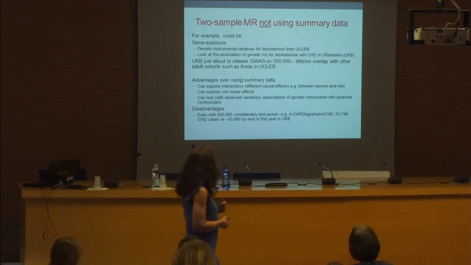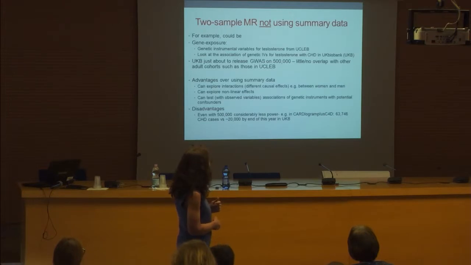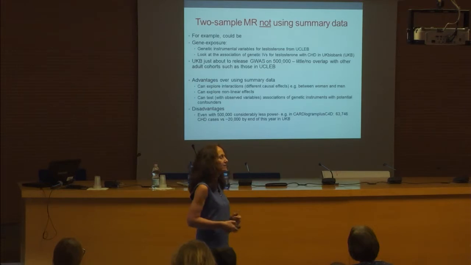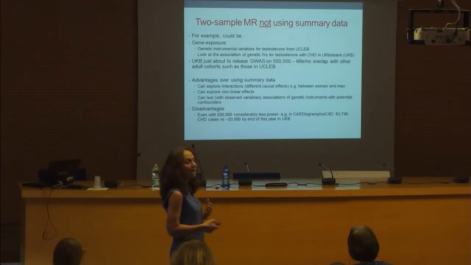So the example I've given here is a made-up example, but this is the collaboration of genetic studies of cardiovascular disease from UCL, University College London, London School of Hygiene and Tropical Medicine, Edinburgh and Bristol. So it's a group of us who put all of our studies together to look at metabolomics and cardiometabolic disease.